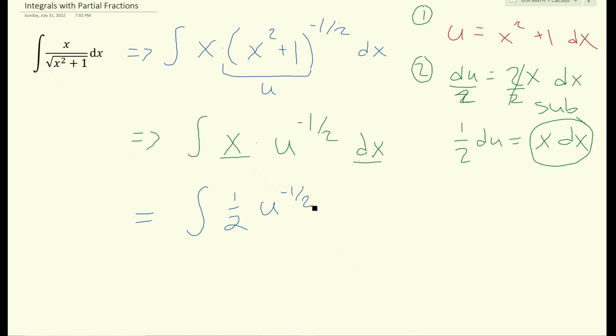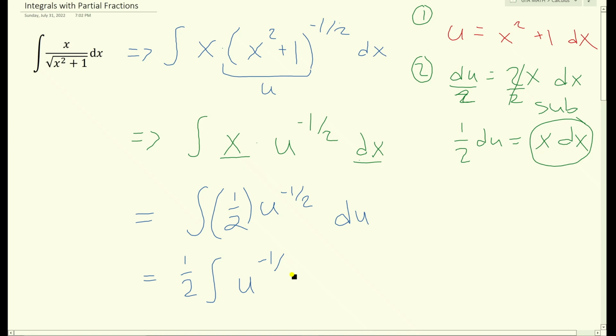So we're gonna have our du here. And we're gonna factor this 1/2 out as a constant, and we're gonna end up with this. This is one of the rules you can use that's a part of integration. You can factor out constants. If you don't remember that, do your research.